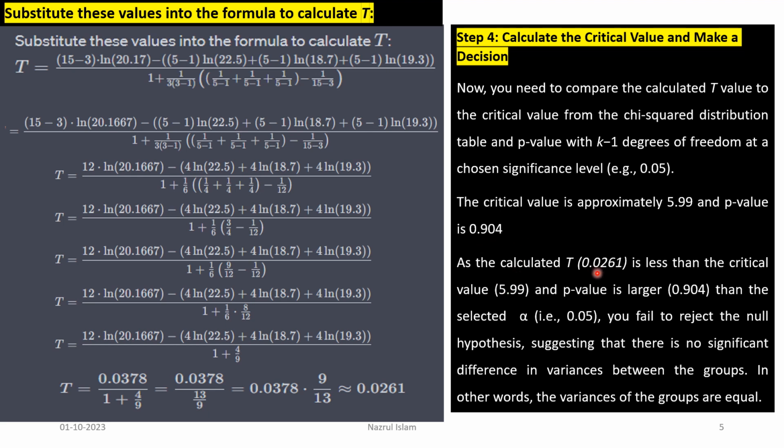As the calculated value is less than the critical value and p-value is larger than the selected alpha, that is 0.05, we fail to reject the null hypothesis, suggesting that there is no significant difference in variance between the groups. In other words, the variances of the groups are more or less equal.